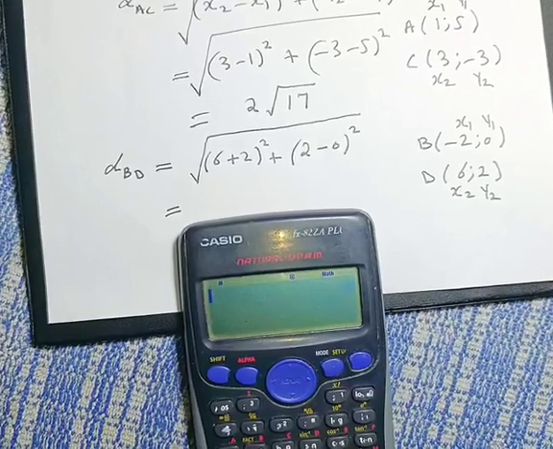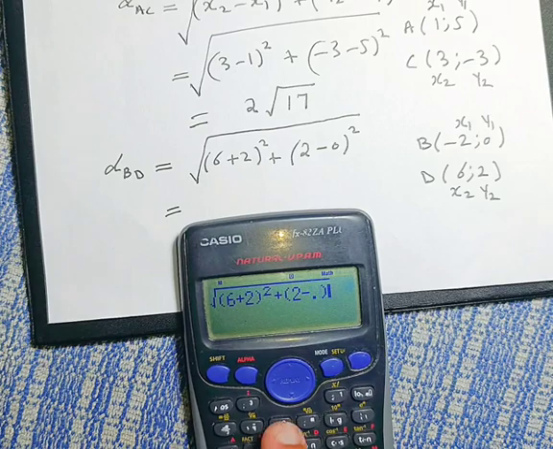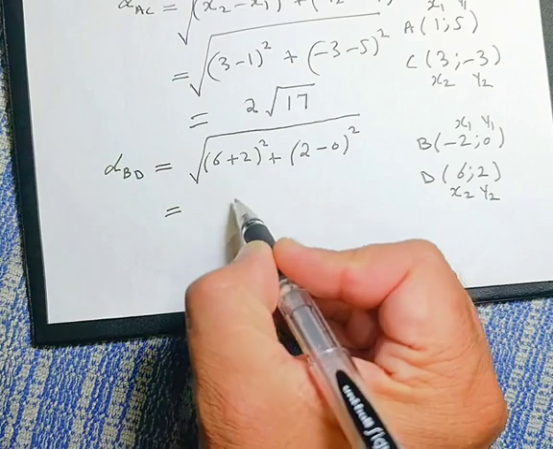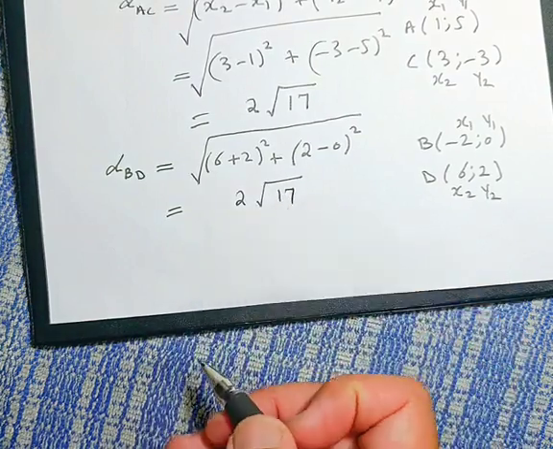So plug all these values in: root, open bracket 6 plus 2 close bracket, square, plus open bracket 2 minus 0 close bracket, square, and you press equal. You can see the answer is directly 2 root 17. Leave in surd form.